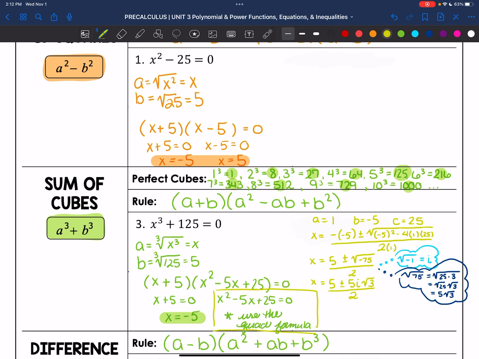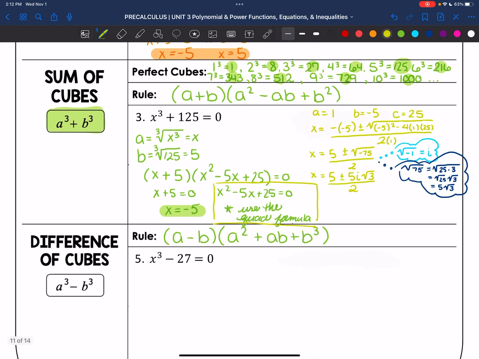Then, ladies and gentlemen, to wrap it up, we want to go ahead and write the two answers that we would have here. We would have x equals 5 plus 5i square root 3, and each of these values is divided by 2. But not only that, we also have 5 minus 5i square root 3 over 2.